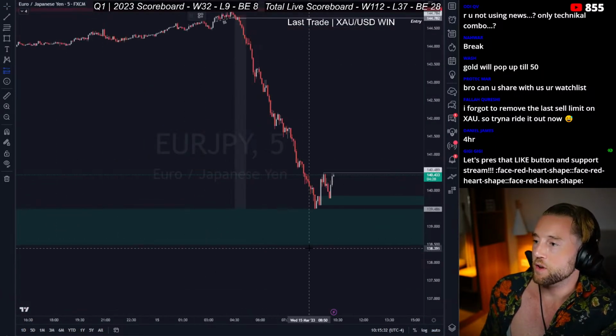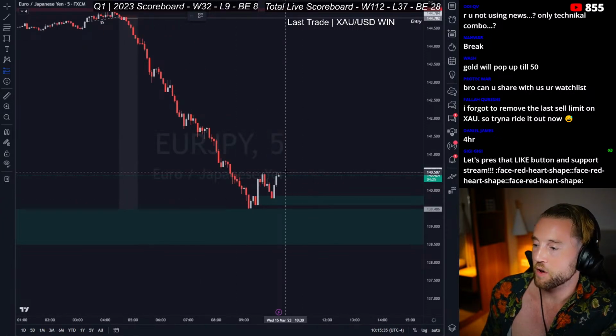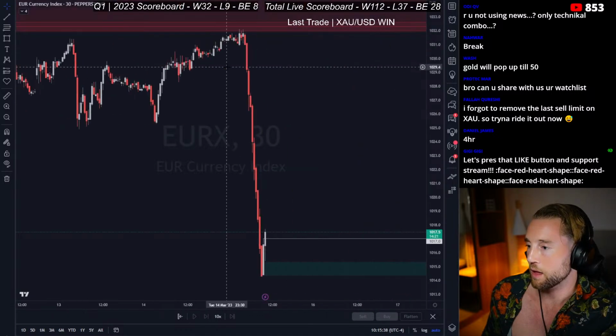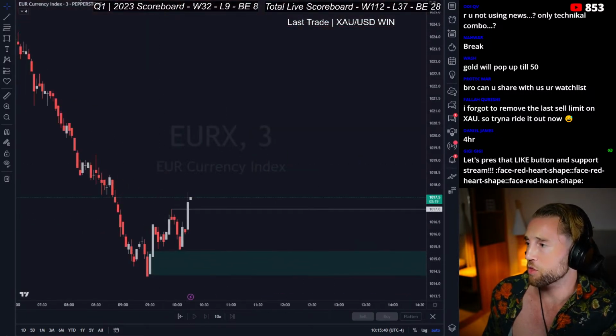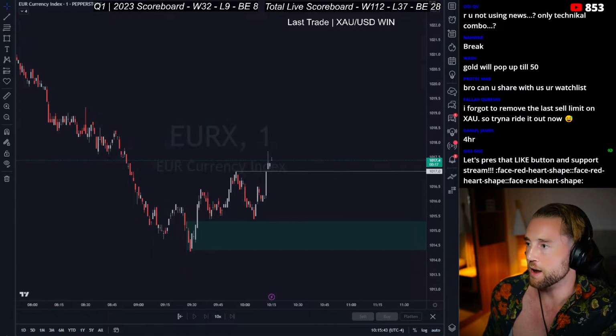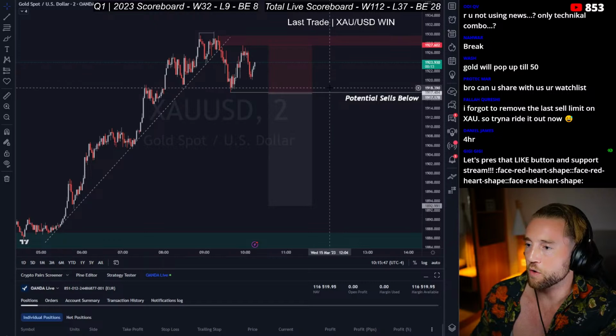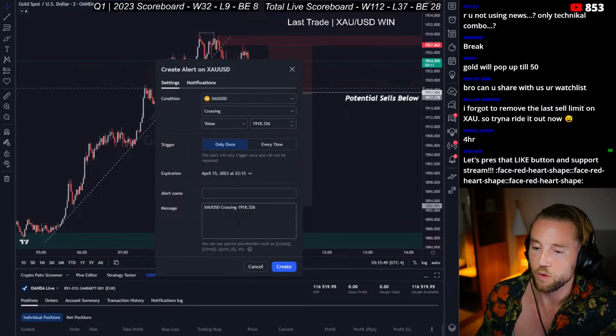After that massive trade to the downside, there is potential here. I would still be careful. Not risk what you usually would risk, but there is potential right now. Okay, that's interesting. Let's wait for gold. Let's set an alert for gold.